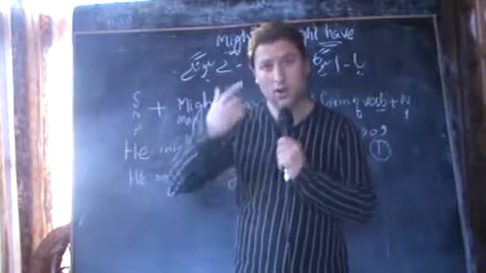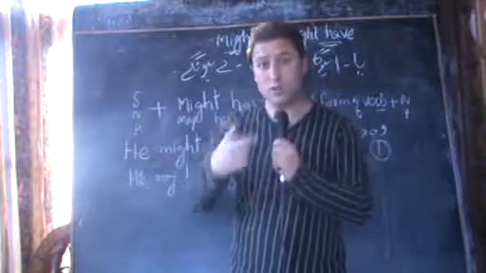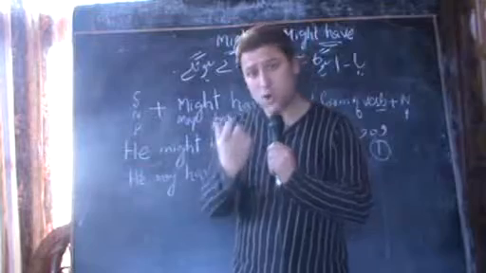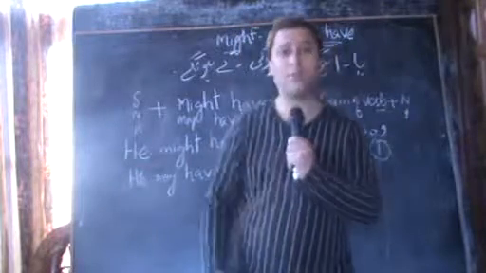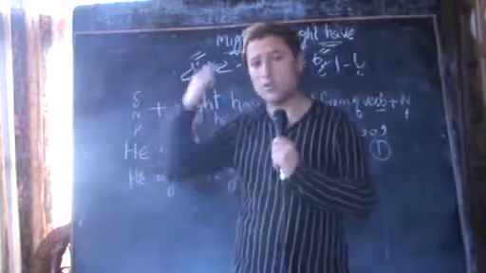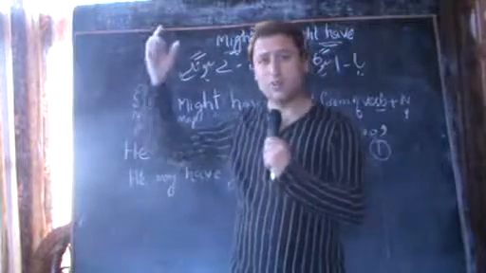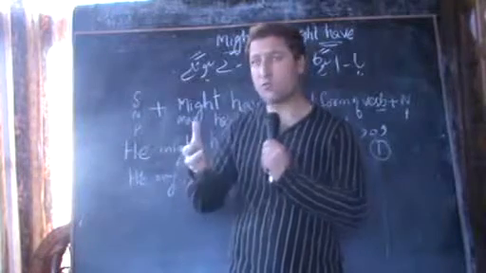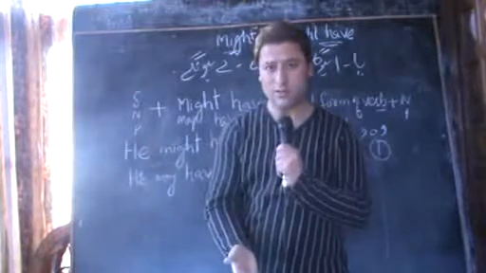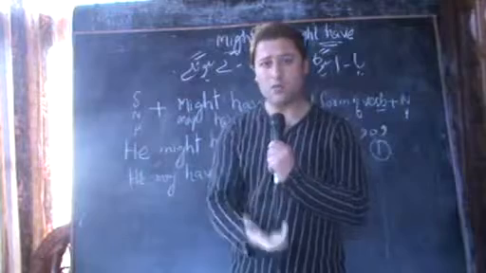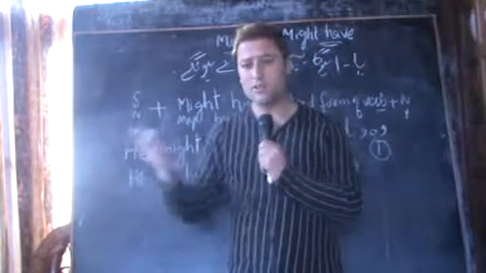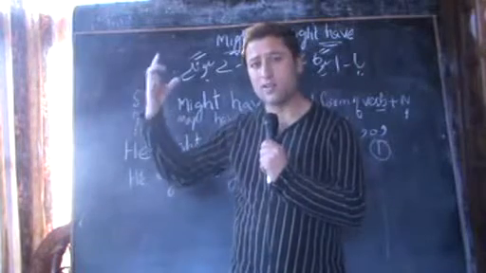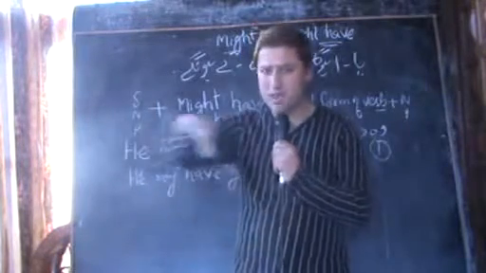So when you are near to truth, near to possibility, near to the notion which you know well, at that time we stress the sentence by using might. We can say the sky is full of clouds, so it might rain. If there are a few clouds, there is less possibility, so we can say it may rain.